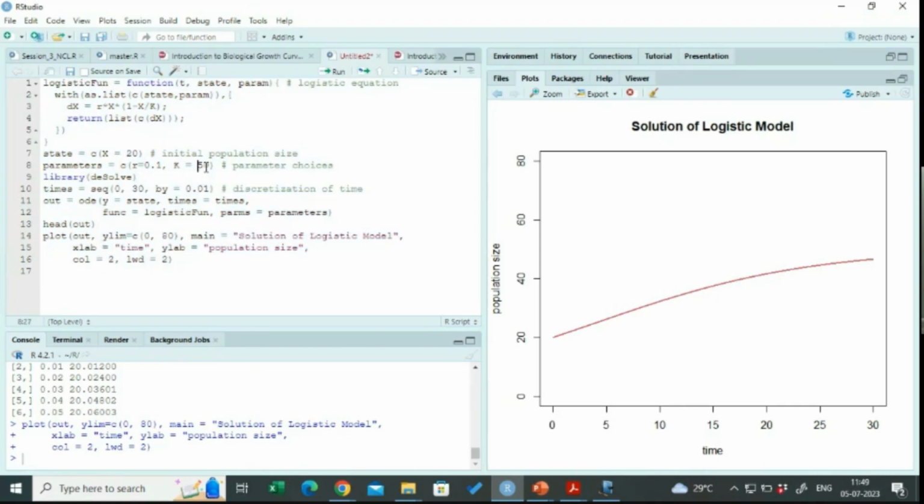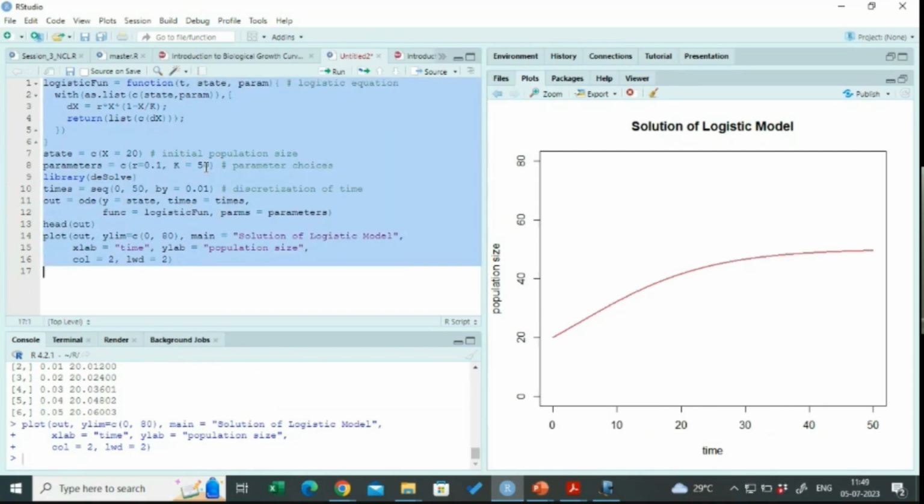You can also increase the time by, say, 50 and solve again. See that now it is going very late. If you give 0.2, it is converging to the carrying capacity k.